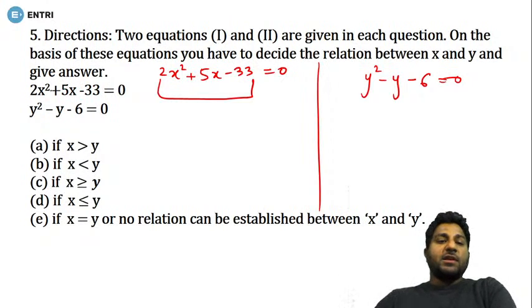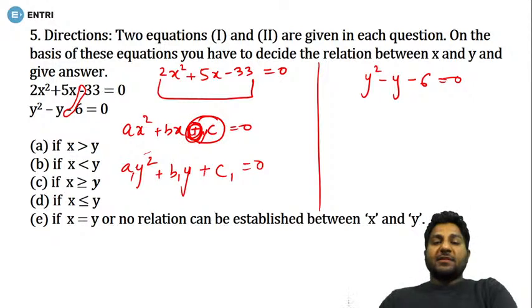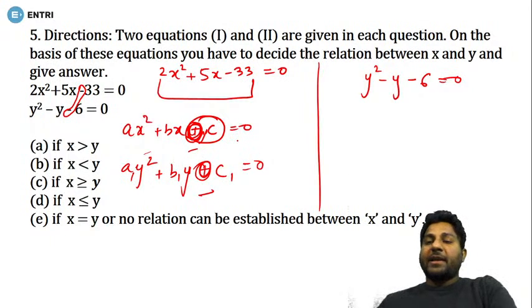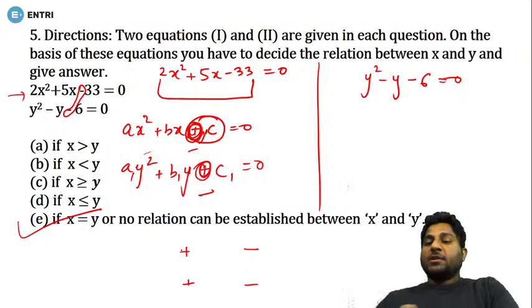Whenever you see a negative sign on the constant part of both equations, a1 y square plus b1 y plus c1, you will stop factorizing, and you will always give the answer as relation cannot be established, because in the first equation we will be getting plus and minus, and in the second equation we also get plus and minus. So look at this.